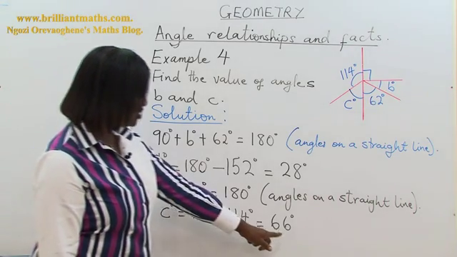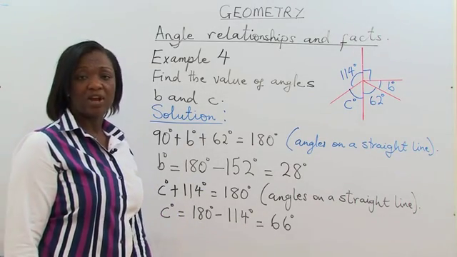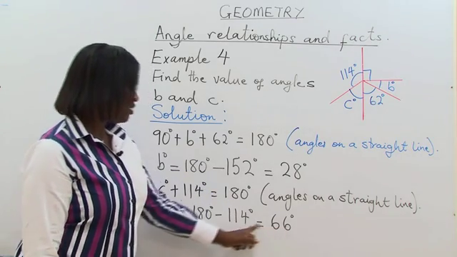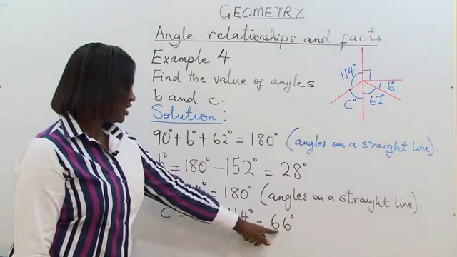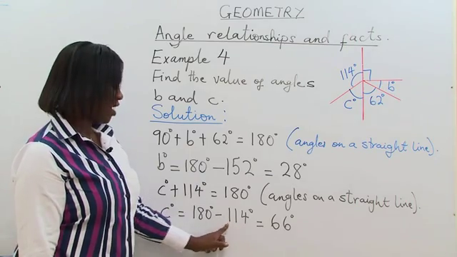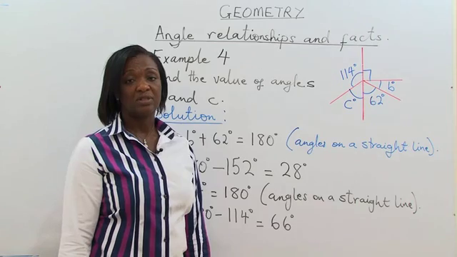If you add 66 to 114, will you get 180? Let's try that out. 6 plus 4 is 10, carry 1. 6 plus 1 is 7, plus 1, 8, and then the 1. So the value of C is 66 degrees.